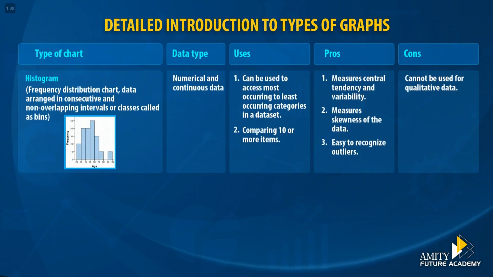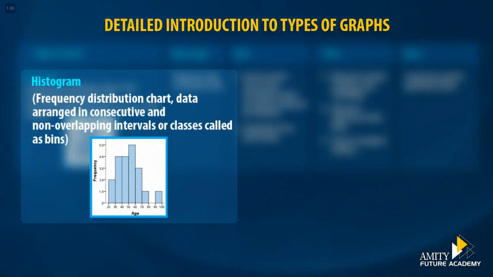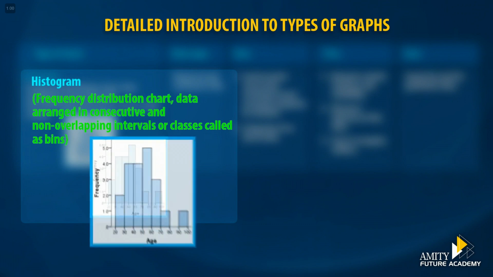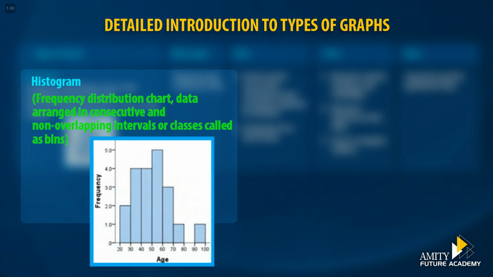Coming to the histogram. A histogram is a frequency distribution chart, or data arranged in consecutive and non-overlapping intervals or classes called bins. In school, I'm sure we must have learned about frequency distribution, say 25 to 35 or 35 to 45. So here I'm mentioning a distribution just like we did in a bar graph.